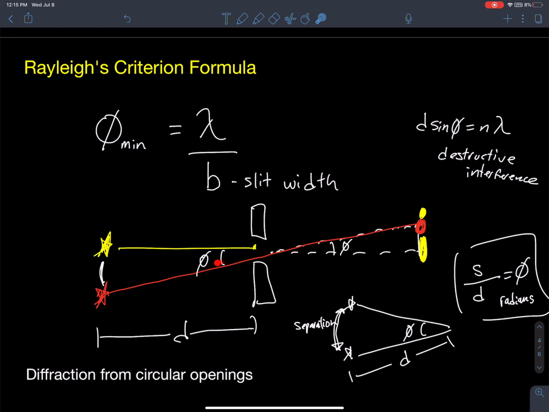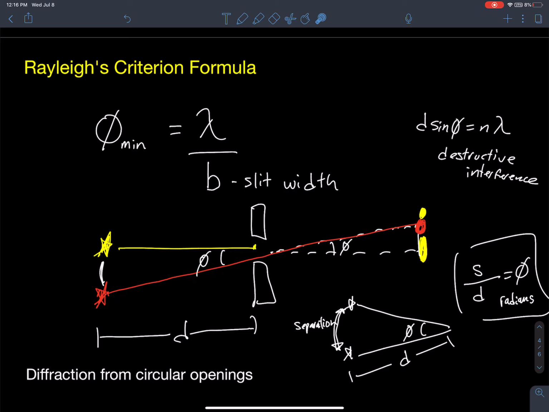And that angular separation is measured in radians. Very, very important. So angular separation is measured in radians on my calculator. And that angular separation in radians corresponds to the single slit diffraction, where n is equal to 1, which gives me lambda over b. So you don't have to really know all this stuff, but this is really nice if they ever ask you to derive or explain it on an exam. You know, how does it relate to diffraction?